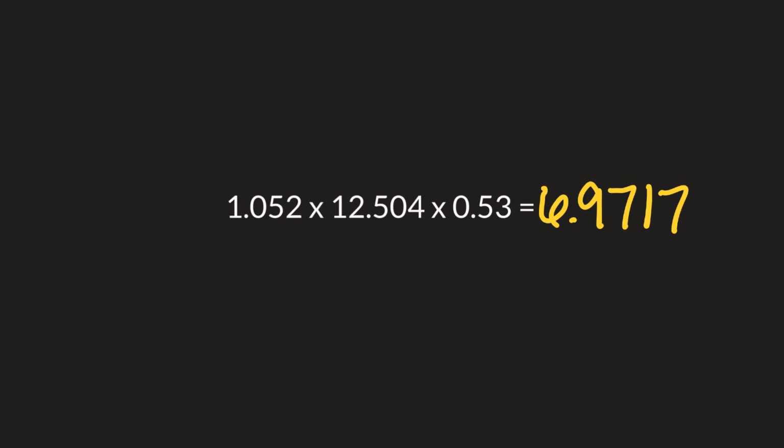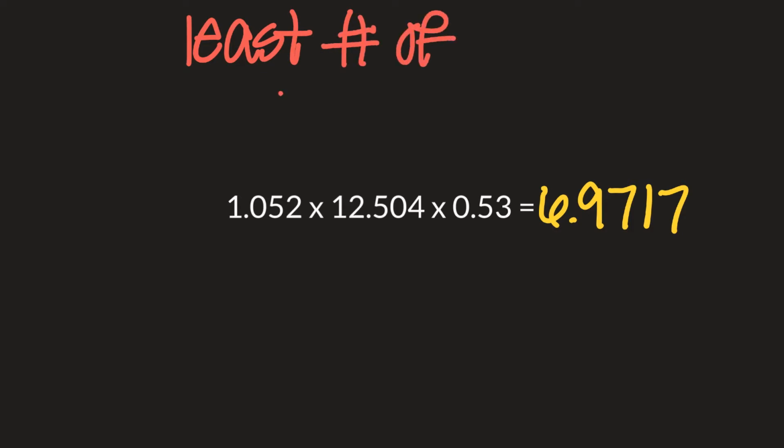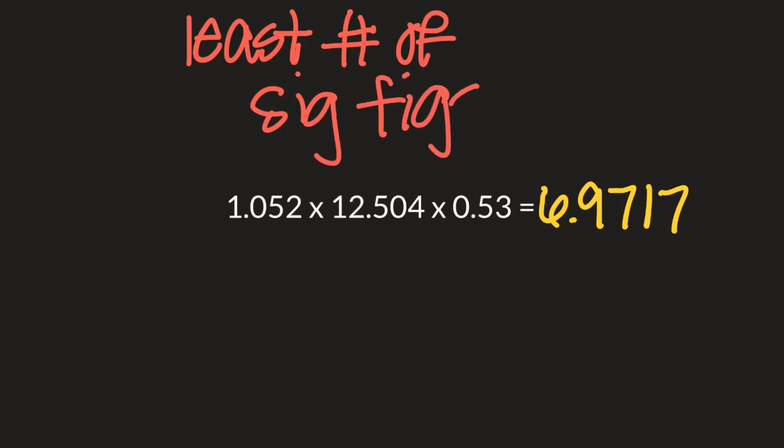All right, so here's what you do for multiplying and dividing. You round your answer to the least number of sig figs. So it has nothing to do with decimal places. Let me show you what I mean. When you look at this number, hopefully you can easily see it has 4 sig figs.